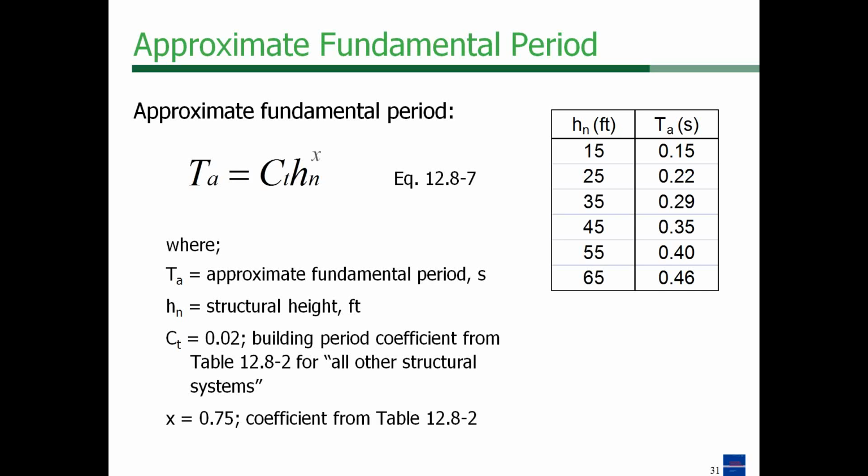And they actually measured periods in the 0.4 to 0.5 range. So this equation is pretty representative of the testing that has been performed. And we'll see in some other videos later on that it does well for short structures in the 20-foot range as well.